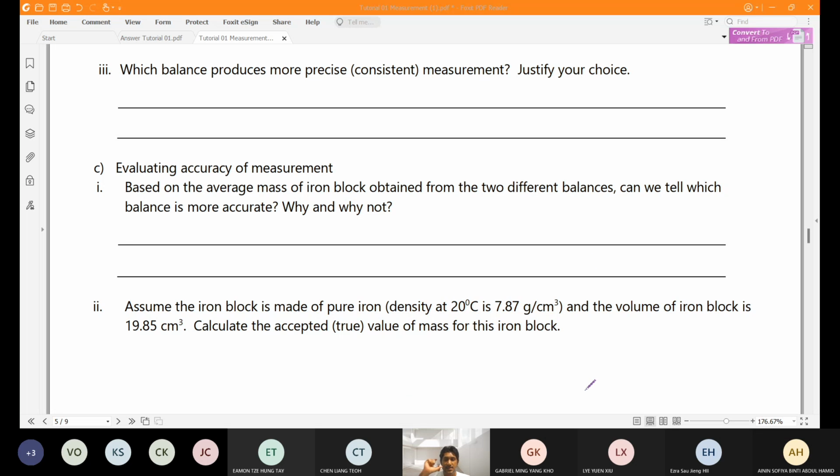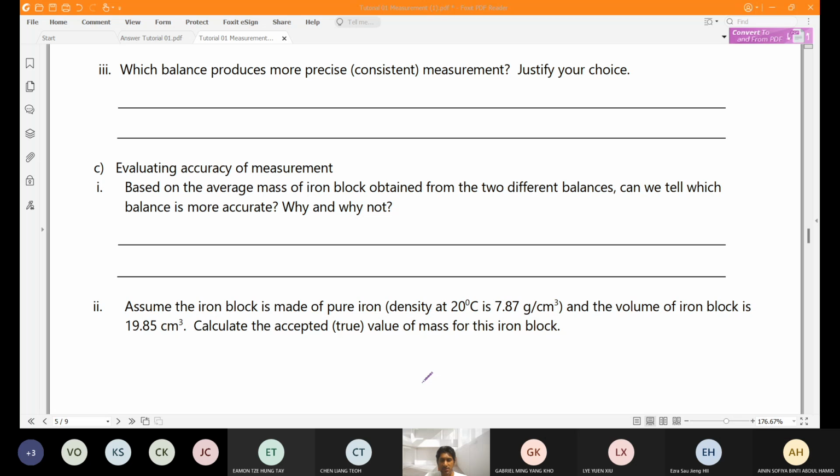So I understand that electronic balance is much more sophisticated. It is giving us a better result. But the thing is, what is the actual value of the iron bar? It is not given here. You did not notice. Since the actual weight of the iron bar is not given, we cannot say that this balance is giving us the precise, accurate result. There is no way to confirm the mass of the weight.